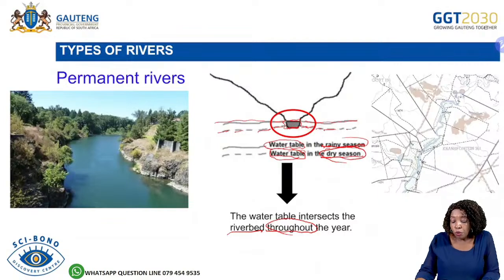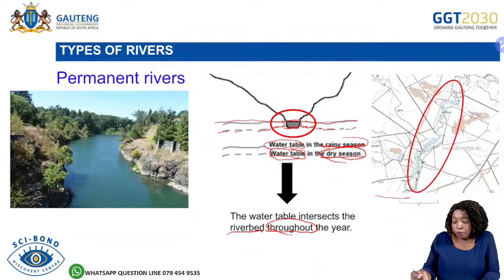Okay, so how do we identify that? When we are now onto our Mapwork section, this would be the map clip that can show you this type of river. As you can see from this illustration, if we are using a map, it would be those maps of areas of high rainfall.